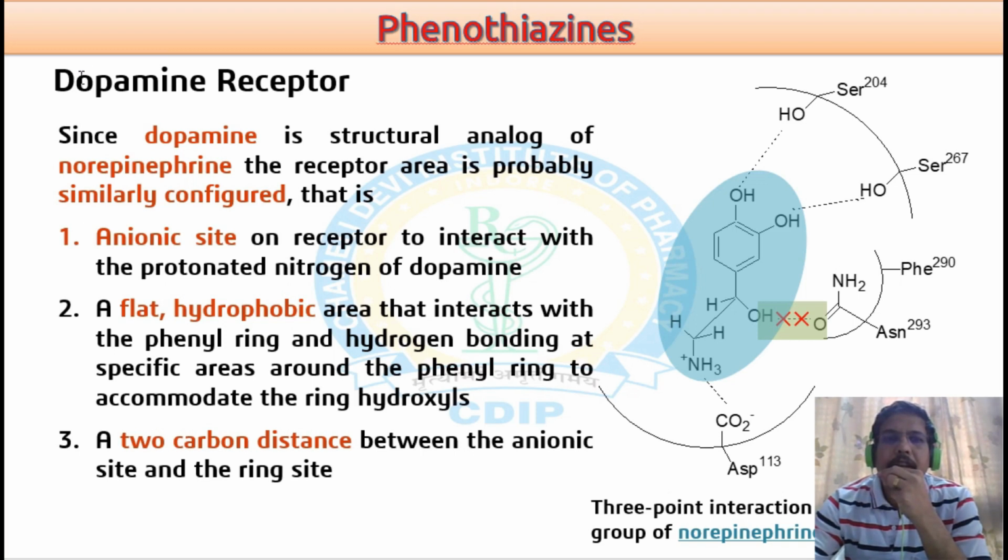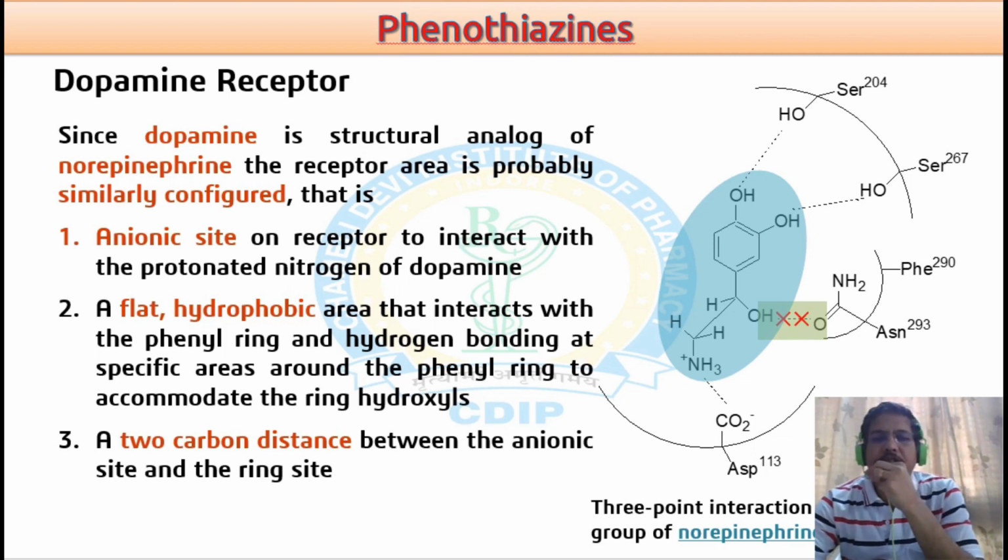Here is the dopamine receptor. Basically it seems that dopamine is a structural analogue of norepinephrine.